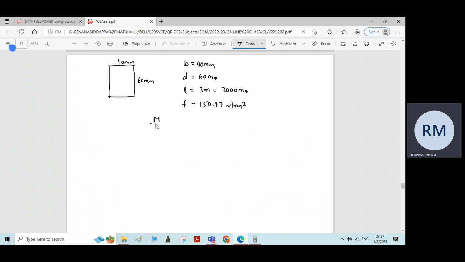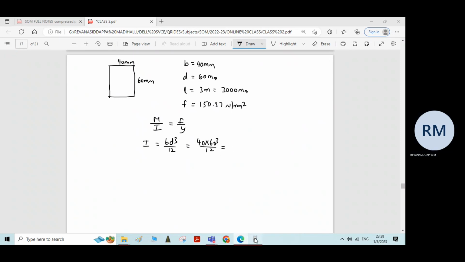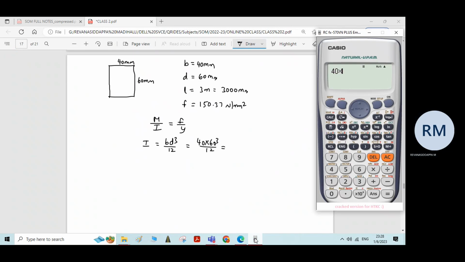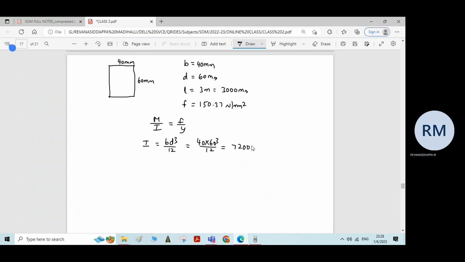Now M by I is equal to F by Y, bending equation. I is equal to BD cube by 12, which is 40 into 60 cube by 12, which gives 720,000 mm raised to 4.